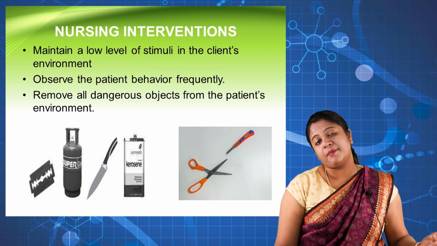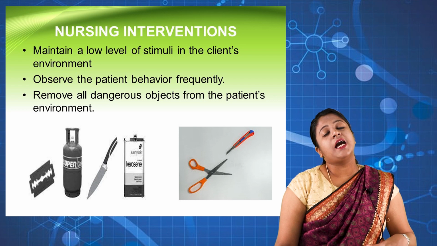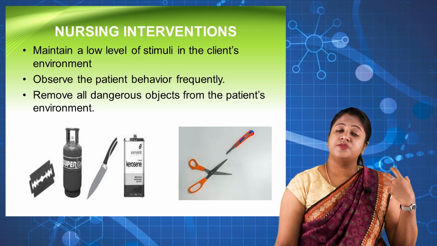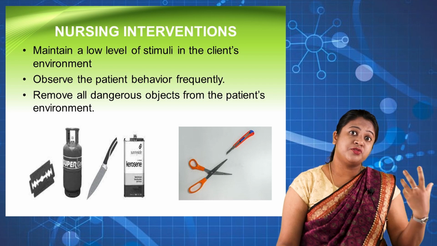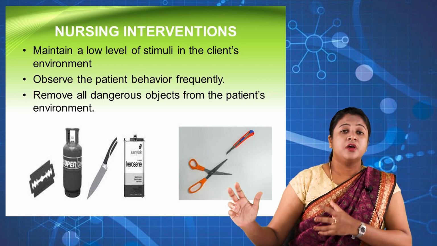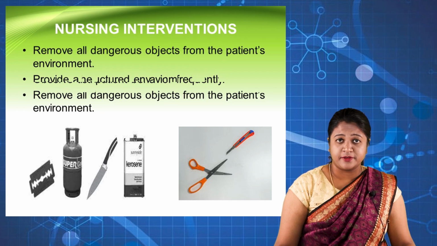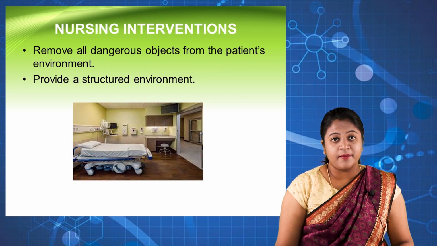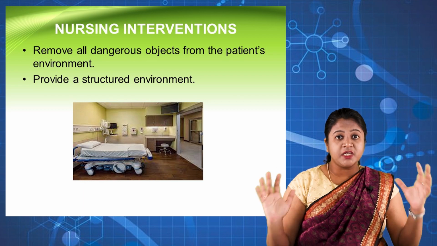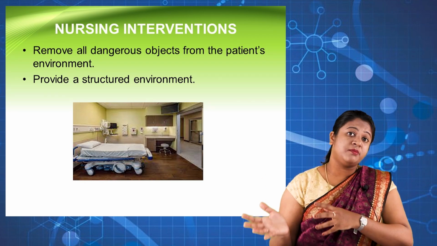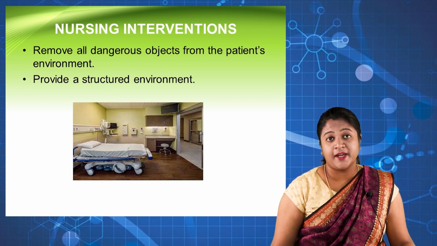It can be sharp equipment or glasses or any kind of items, ropes or furniture which is going to help him during the time of violence to quickly take that and harm someone else or harm himself. Provide a structured environment to the client with limited furniture and equipment which he may misuse during the violence period.